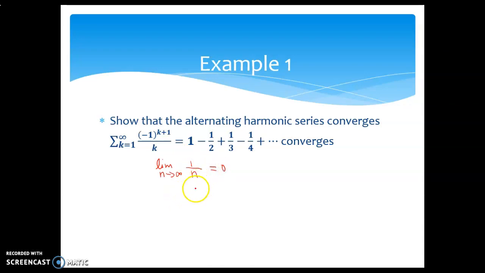This is equal to 0. And now here 1 is greater than half, half is greater than 1/3, 1/3 is greater than 1/4. So the second test is also satisfied. That means the series converges.